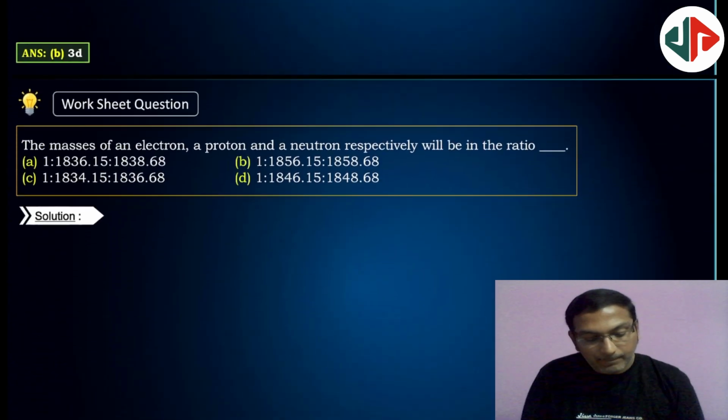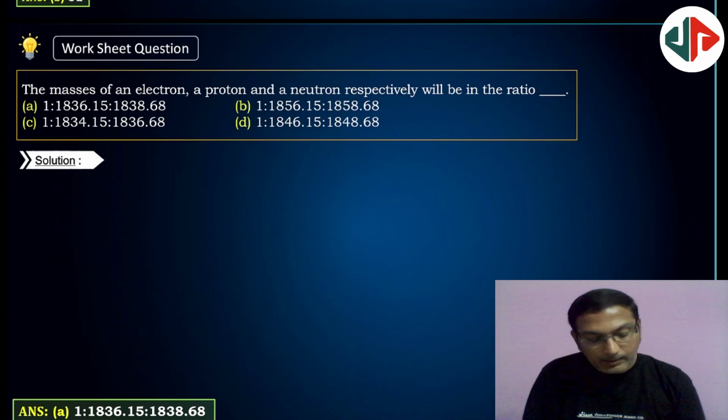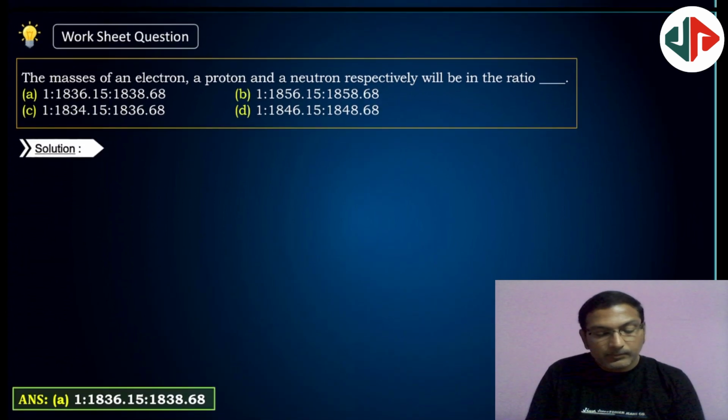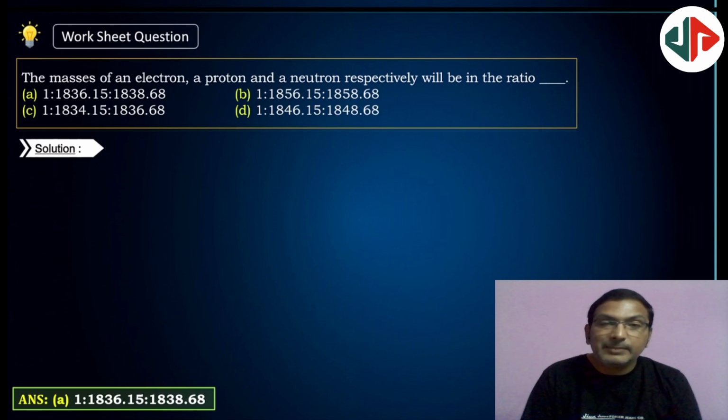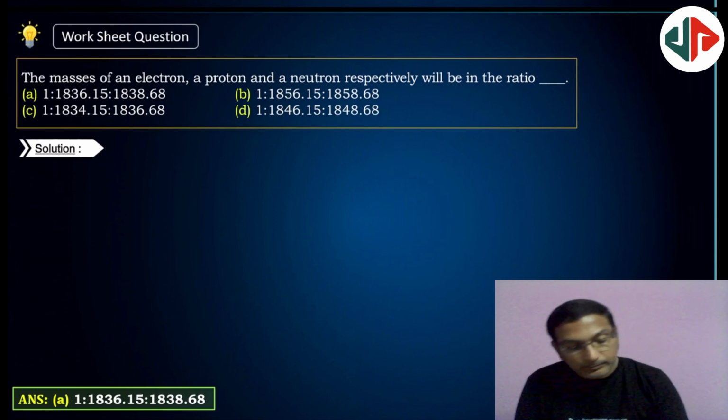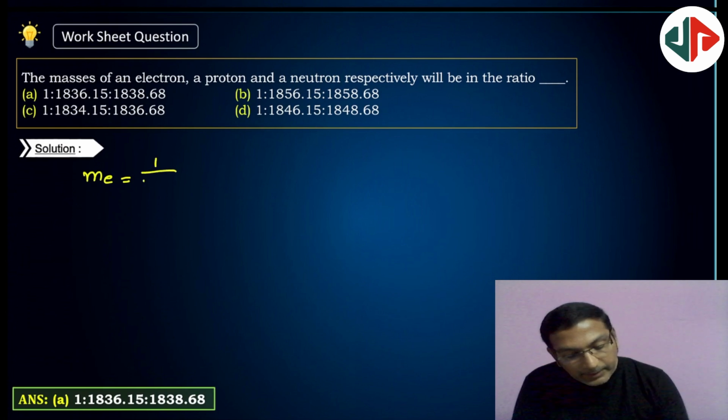Next question. The masses of electron, proton and a neutron respectively will be in the ratio. So we know mass of electron will be 1 by 1837 to that of mass of proton, and mass of electron is 1 by 1840 to that of mass of neutron.